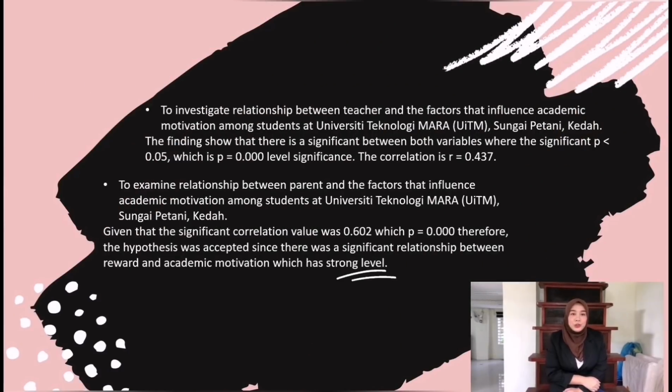Thirdly, to investigate the relationship between teachers and the factors that influence academic motivation among students at UiTM Sungai Petani Kedah. The finding shows that there is a significant relationship between both variables where p equal to 0.005, which is p less than 0.05 level of significance, and the correlation is r equal to 0.437 at moderate level.